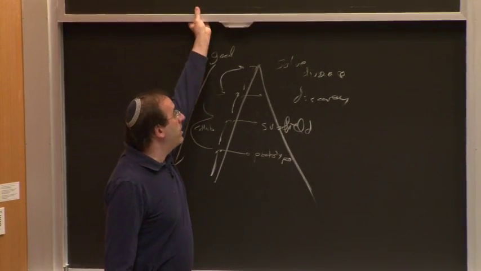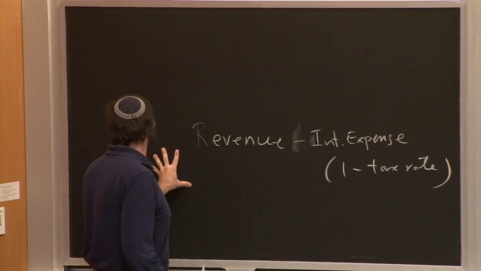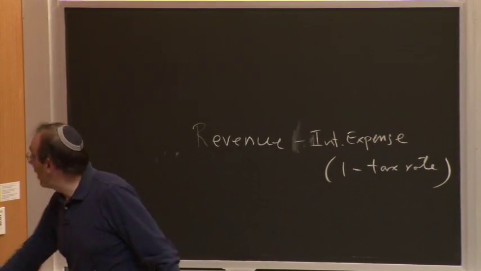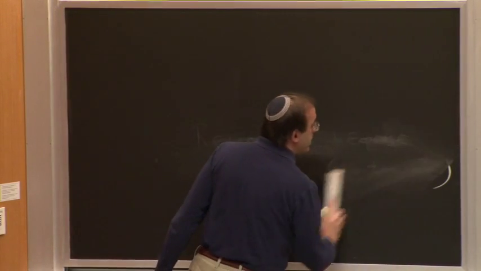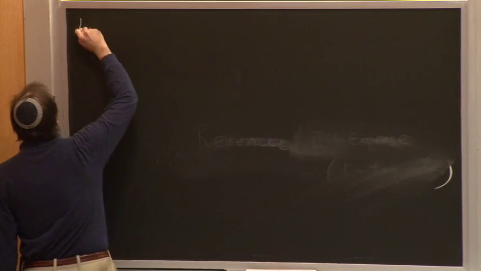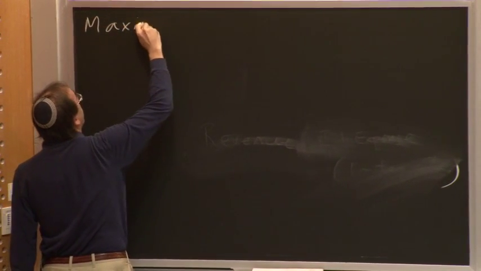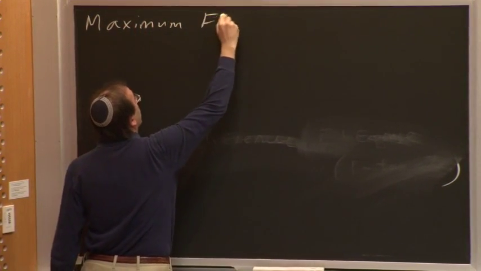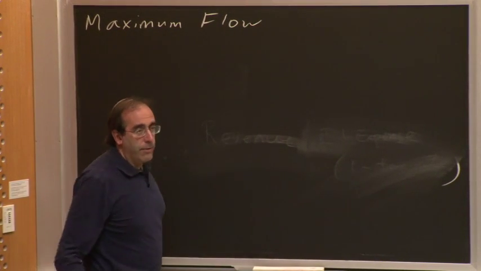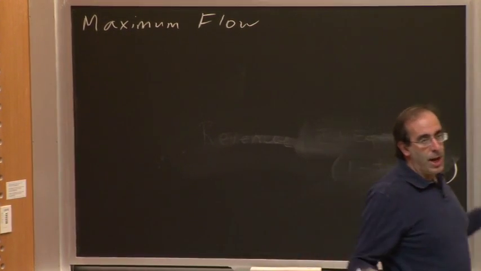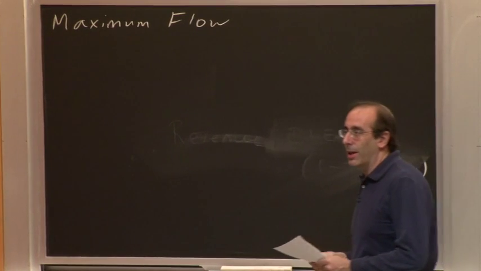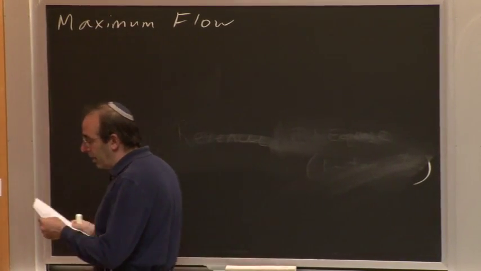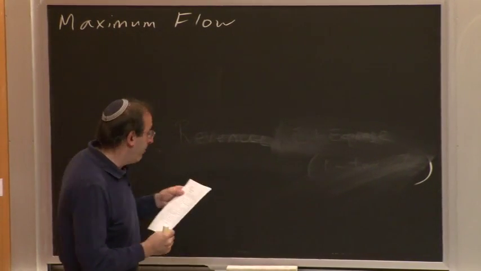So that's what we'll be seeing for the next few weeks, or maybe even a month. The particular problem that we're going to be starting with is the maximum flow problem, which is really the foundational problem that launched, I think, the whole field of combinatorial optimization the way that we think about it today. All right?